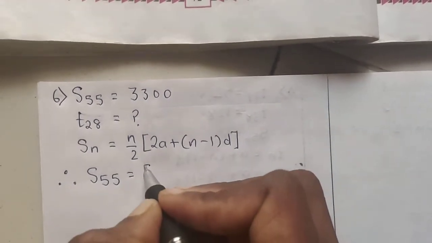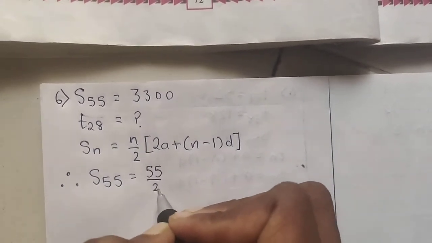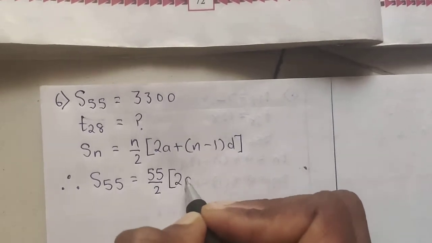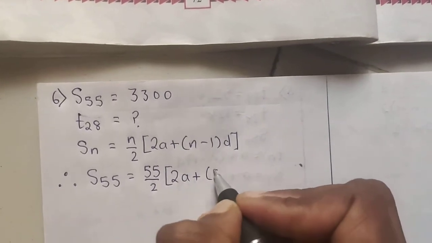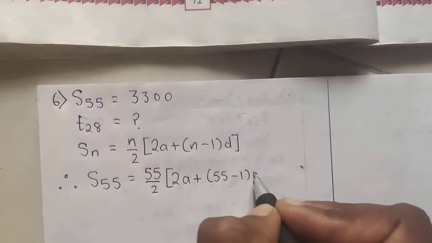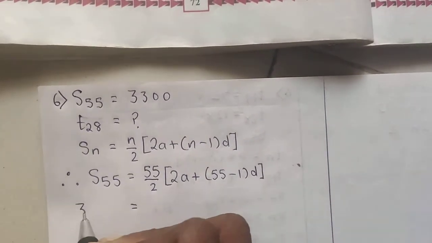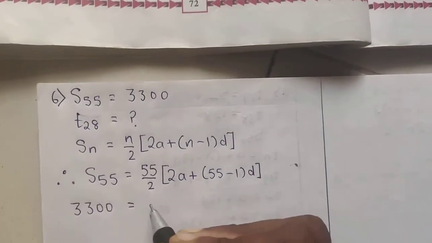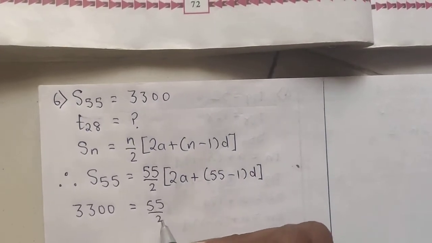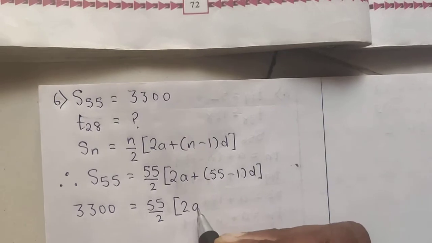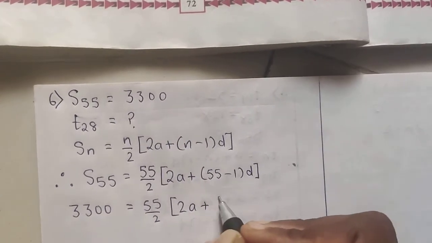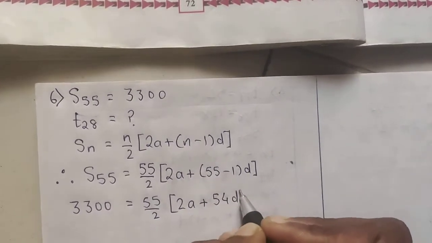So we get 55 upon 2 bracket 2a plus 55 minus 1 into d. And S55 is given to us as 3300. So 55 minus 1 gives you 54.